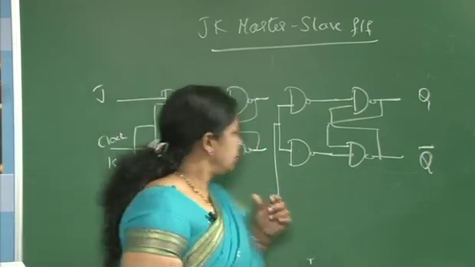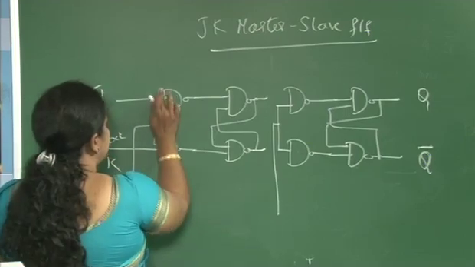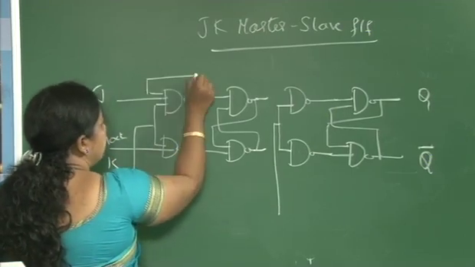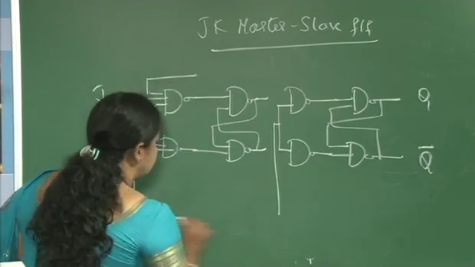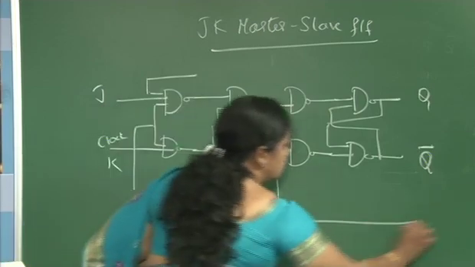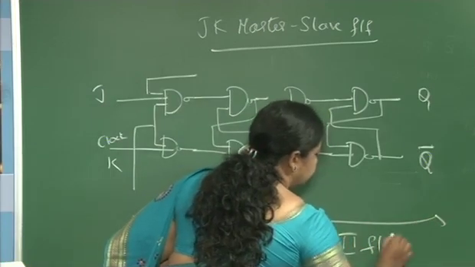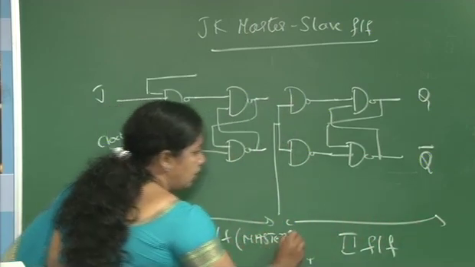What I am trying to do here, I have clock, I have J, I have K, and of course for JK flip flop I need a feedback connection. This is one flip flop, first flip flop, this is second flip flop, we call this master, we call this slave.